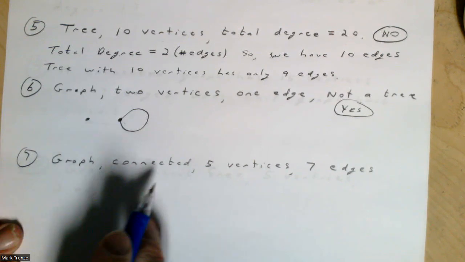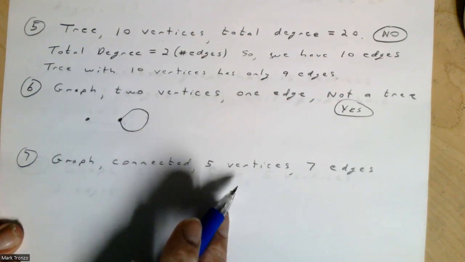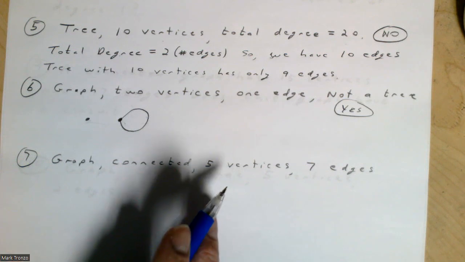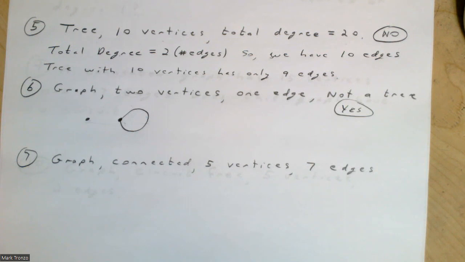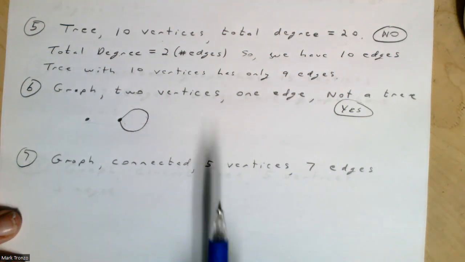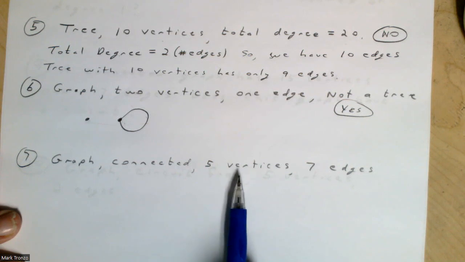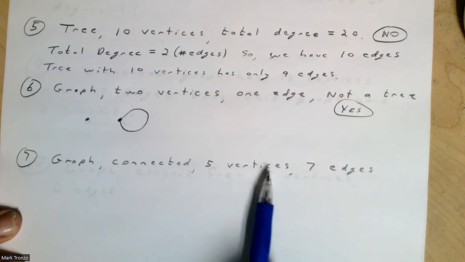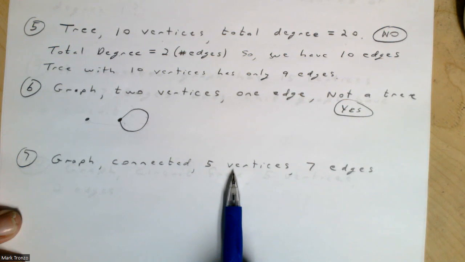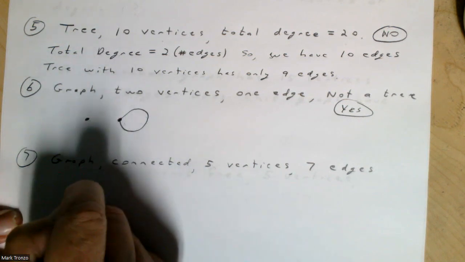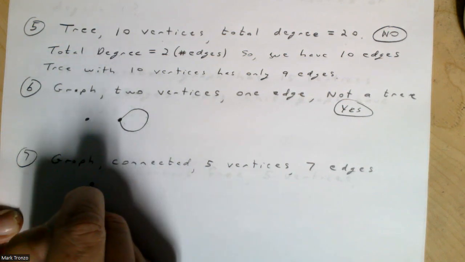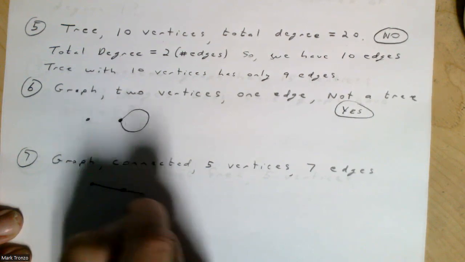Next one is a graph. It's connected, 5 vertices and 7 edges. And yes, we can do this because what you can sort of think of is, so 5 vertices, you could even maybe start with, like, say, a tree of some kind.